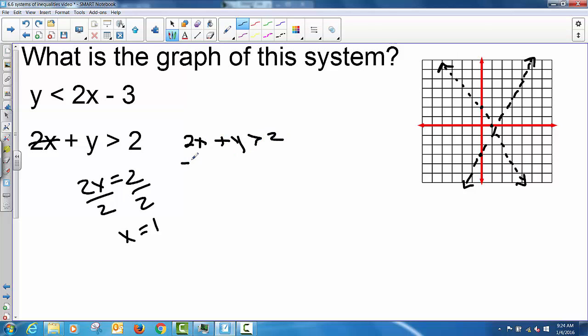We would have done minus 2x and minus 2x, and we would have gotten y is greater than negative 2x plus 2. So that means we would have come up here to 2, and we would have gone down 2 and right 1, and see we're still at the exact same spot. So you can do it either way you want to, and you'll come up with the same solution, okay?